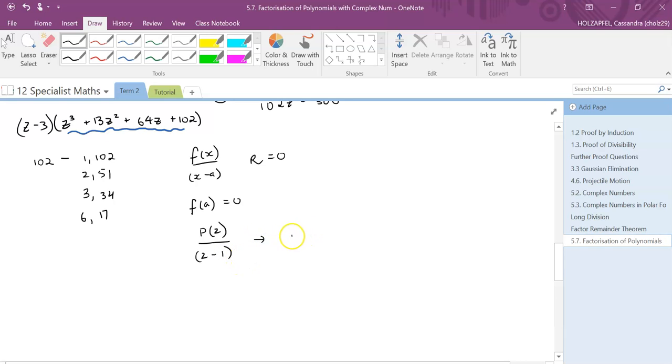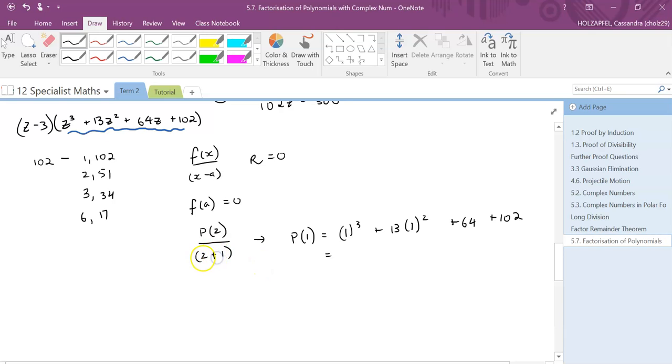So what that means is we're going to find this particular value here and hopefully that will be equal to 0. So 1 cubed plus 13 times by 1 squared plus 64 lots of 1 plus 102. Okay, straight up, this is not going to be divisible. This is not going to be a factor because I keep adding numbers. It's not going to be anywhere close to 0. So I'm not even going to bother finishing that calculation.